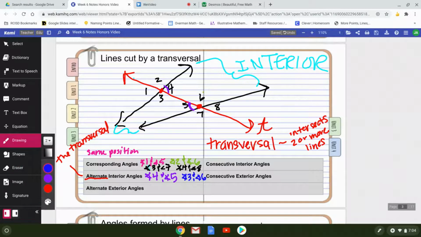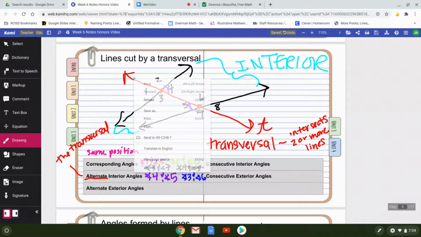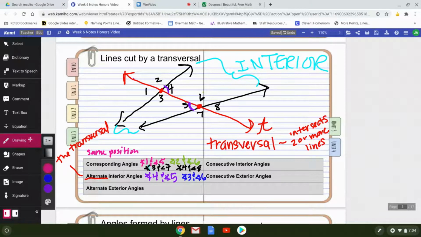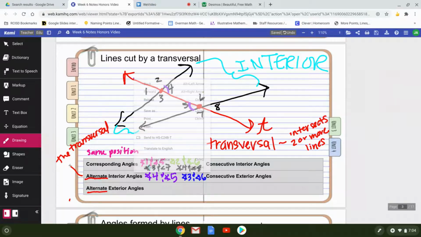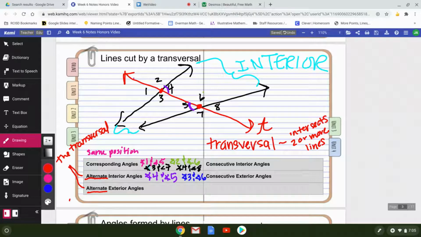Okay, alternate exterior angles. Alternate still means opposite sides of the transversal, right? Exterior means they have to be outside of the two black lines.